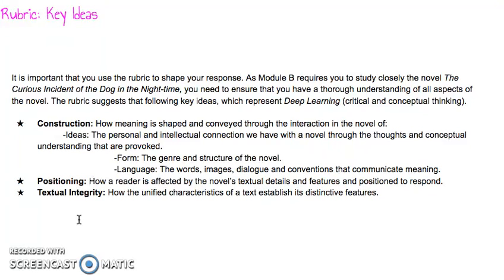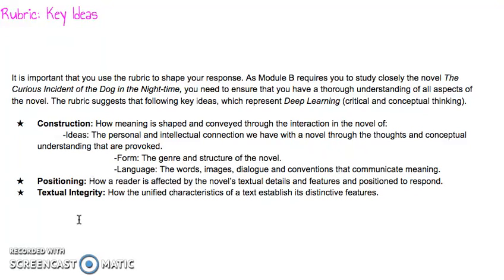Language, the words, images, dialogue, and conventions that communicate meaning. So those are the real 3 things that you need to focus on in your responses. How is this text constructed? How are the ideas and the form and the language working together to achieve one common goal? Whether that be to simply create a message or to affect the reader, maybe both.